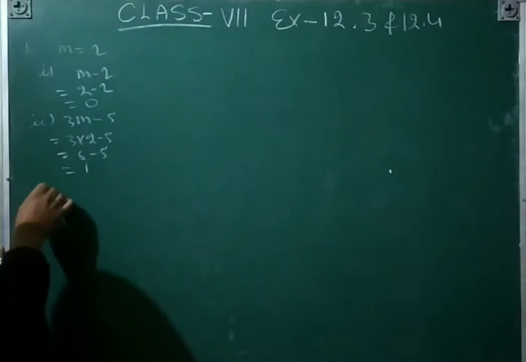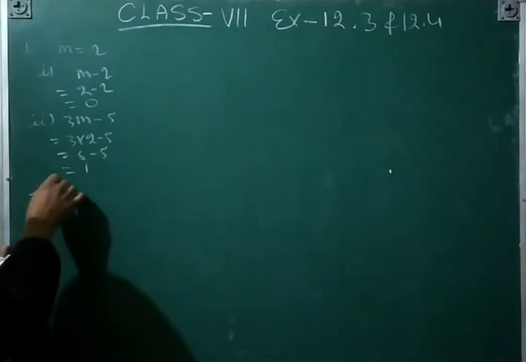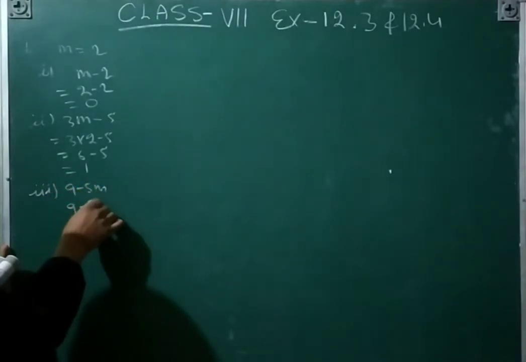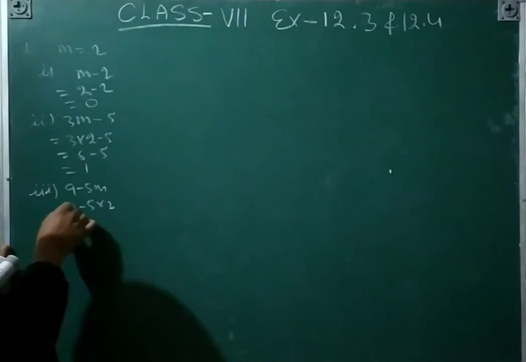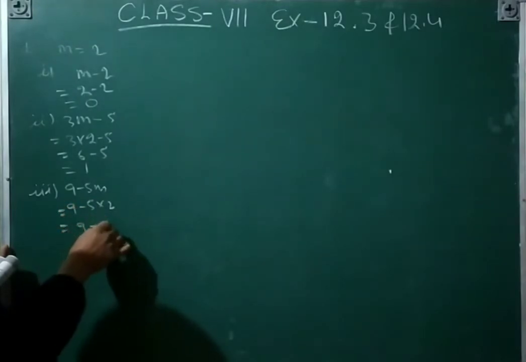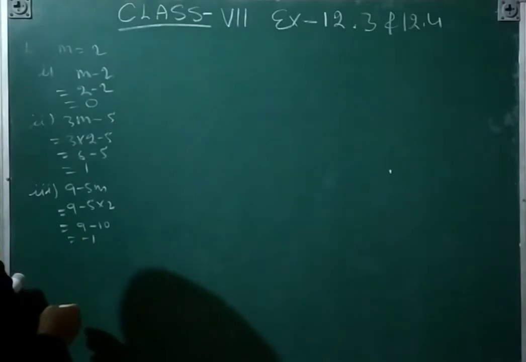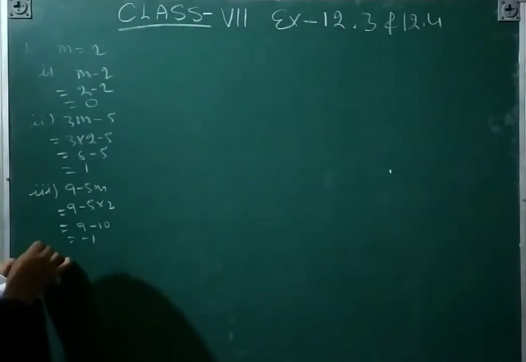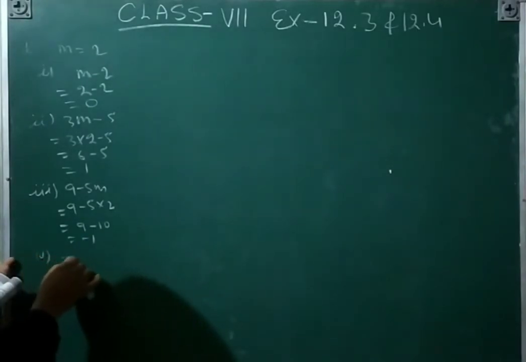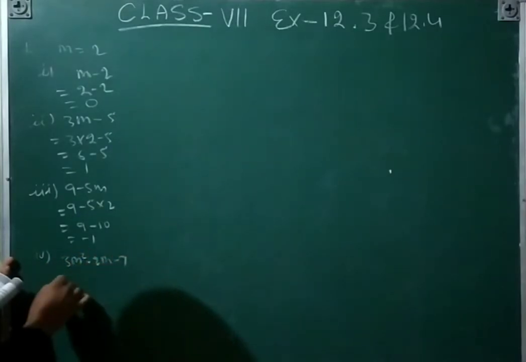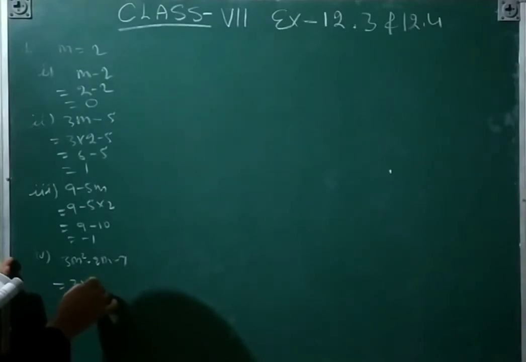And then third part: 9 minus 5m, so 9 minus 5 into 2, that is 9 minus 10, is equal to minus 1.